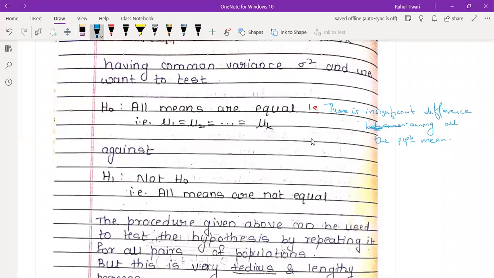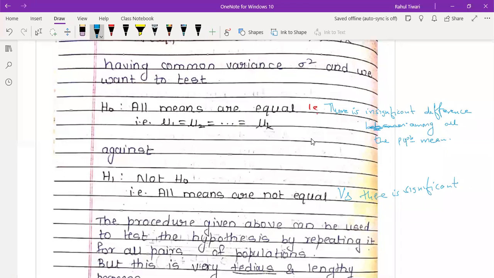Insignificant means not significant, versus all population means are not equal, which means there is a significant difference among all the populations.